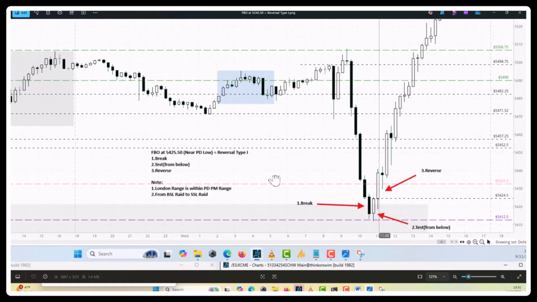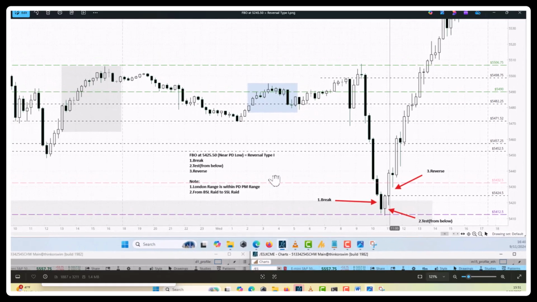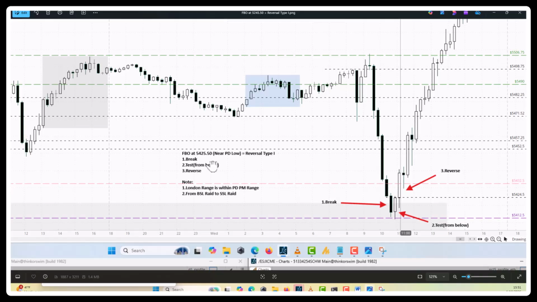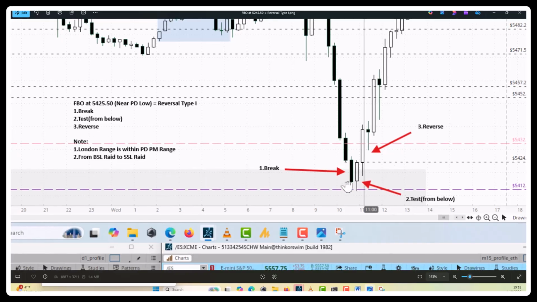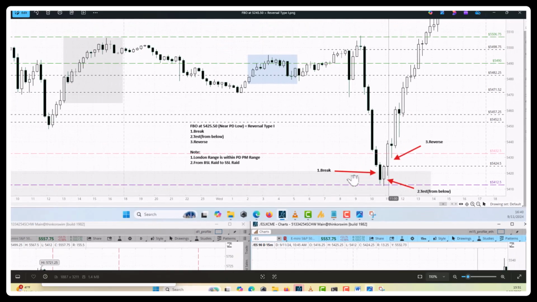And here we can see the level, 42,54.25. So this level right there, which is this candle, the candle just before the reversal happened. That's the key level right there.